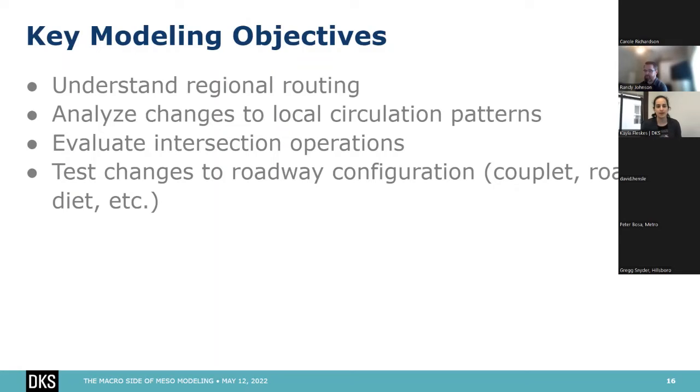As Randy pointed out, the Meso model, the way we coded it, did allow us to look at that intersection operation level detail, so HCM operations, and then really understanding how we could test changes to the roadway configuration to try to see if there were alternatives to that 7-lane widening. Next slide, Randy.